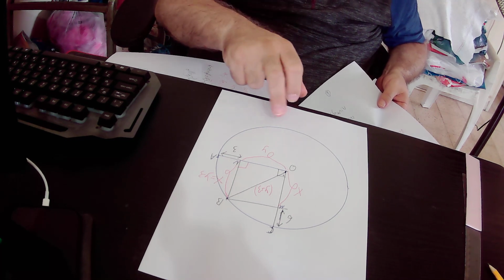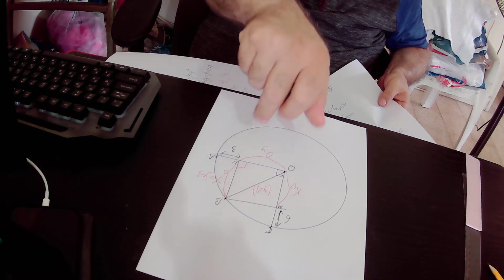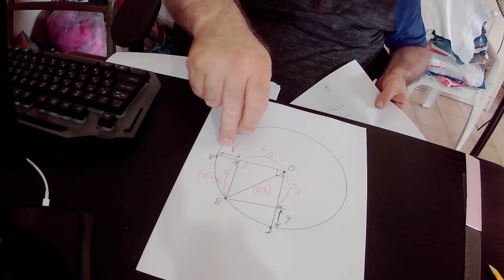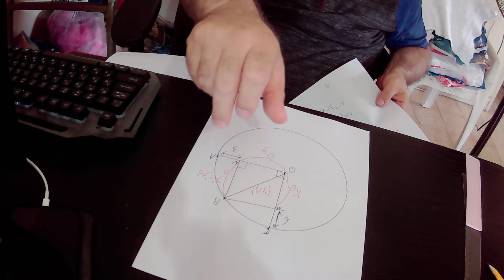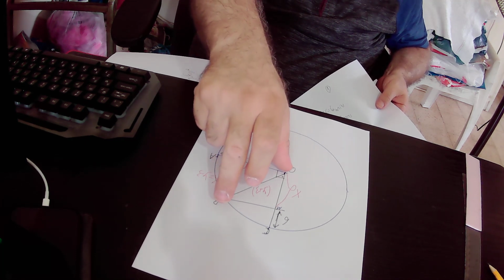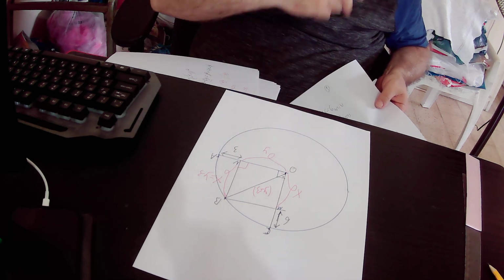But we know that the radius of this circle is also OA, and OA equals to y plus 3. So OB also equals to y plus 3.